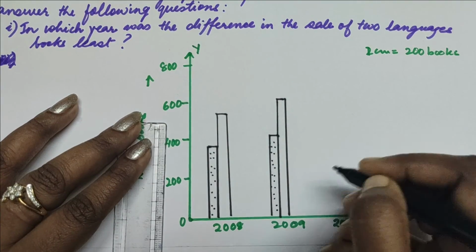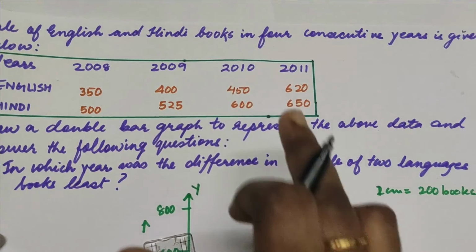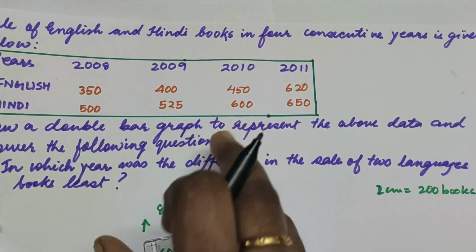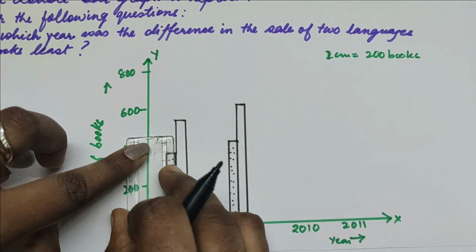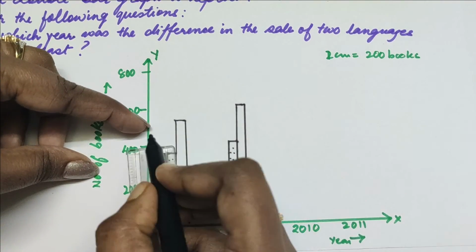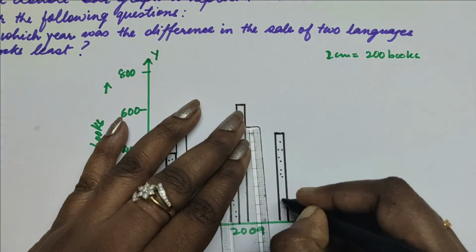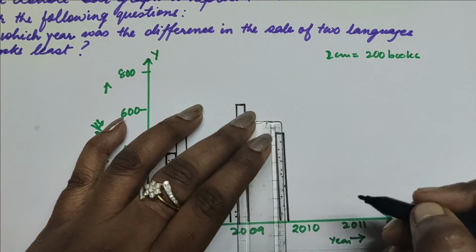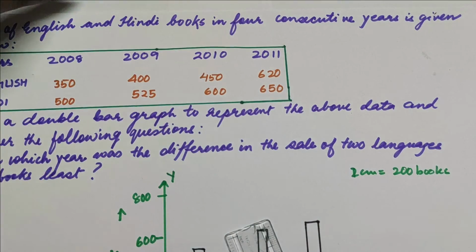Again in English in 2010 you can see it is 450 and 600. So 450 will be, this is 500, so a little below this point is going to be 450, and 600 for Hindi. And lastly we have English 620 and Hindi 650.